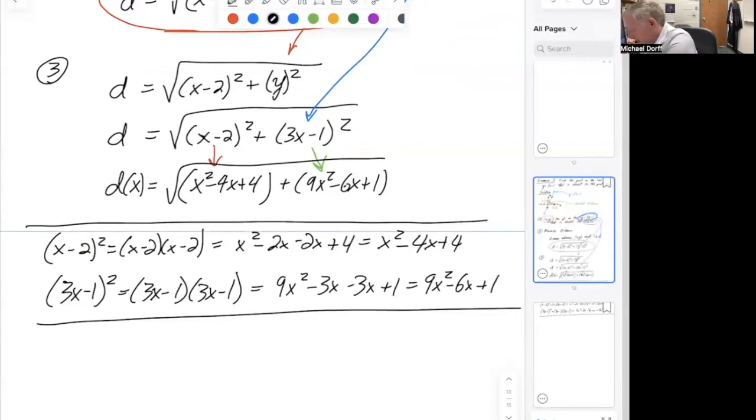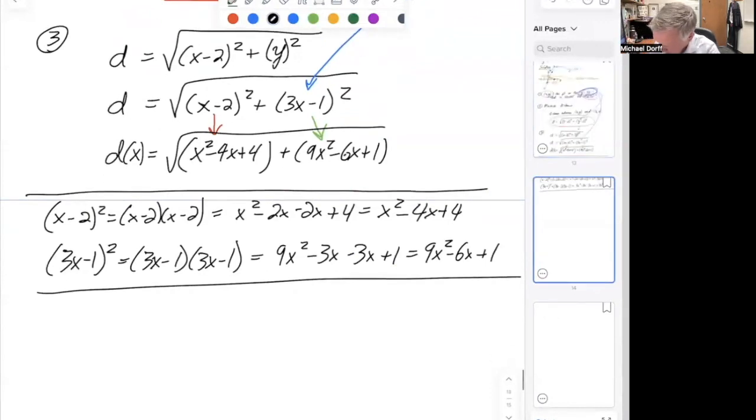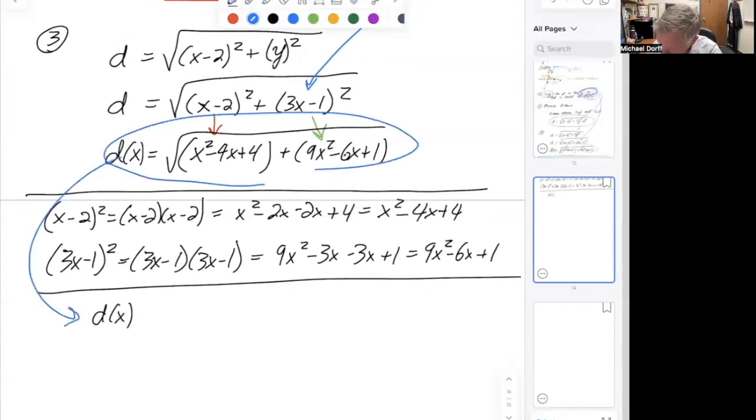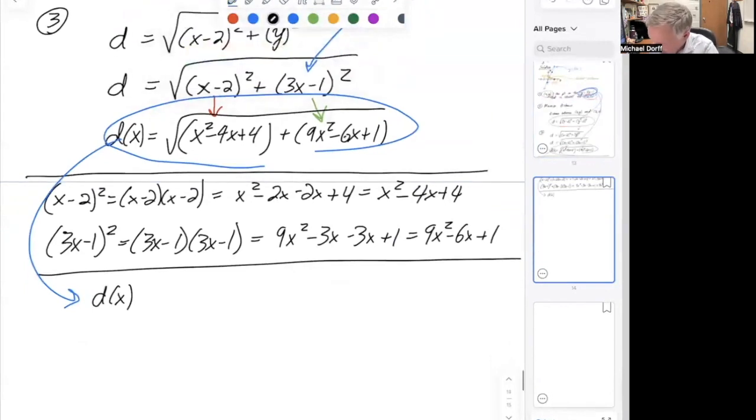Next, then we've got this d of x. We're going to take what we have here, bring it down here, and we want to combine like terms. So I've got this x squared and this 9x squared. That's going to be 10x squared.